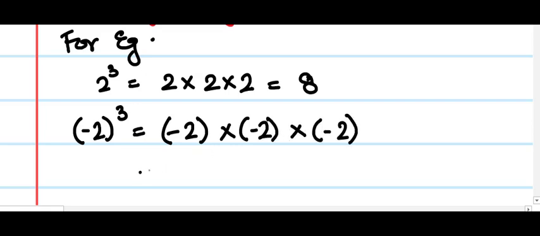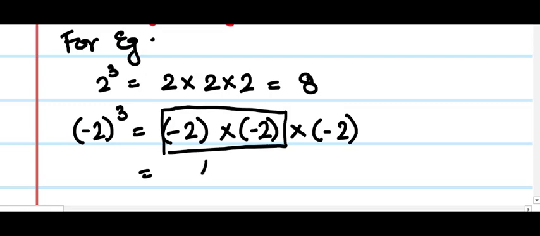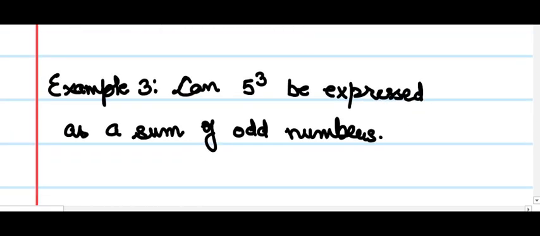As we know, minus 2 into minus 2 gives plus 4, multiplied by minus 2, which on solving comes out to be minus 8. So we can say that the cube of a negative number is also negative.